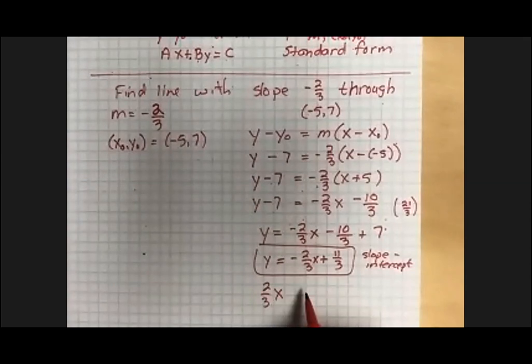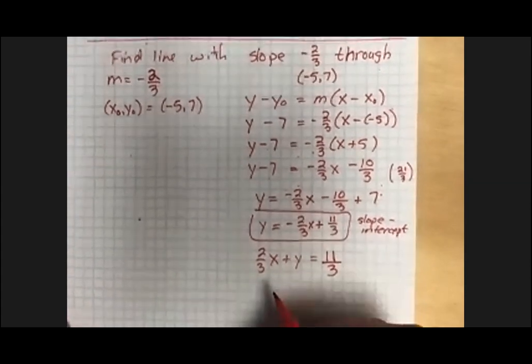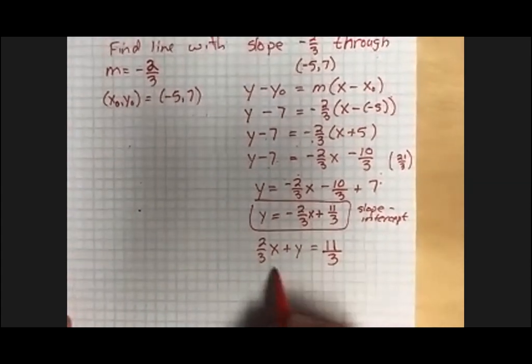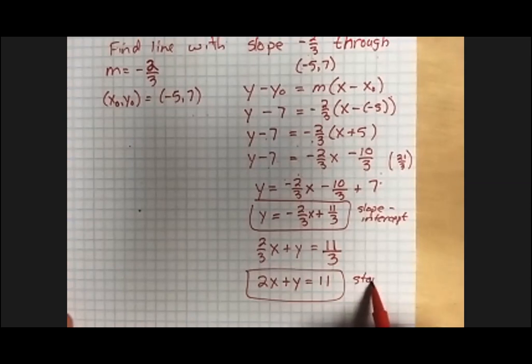Add 2/3 x to both sides. I'm not saying you can't check it here. I'm just saying I hate fractions. Let's multiply everybody by 3. Now I've got standard form.